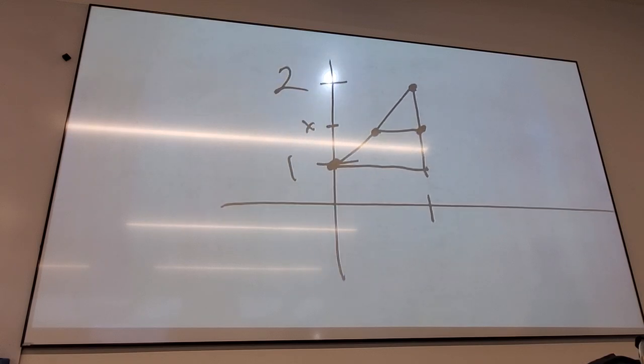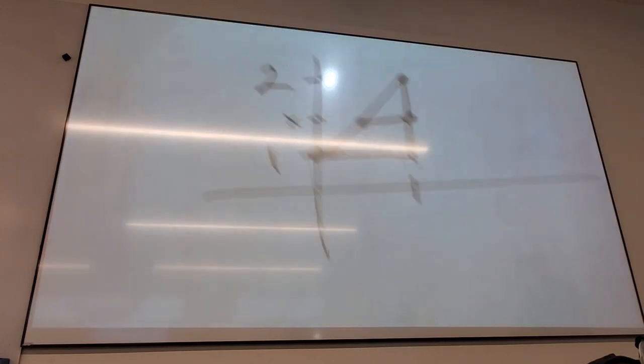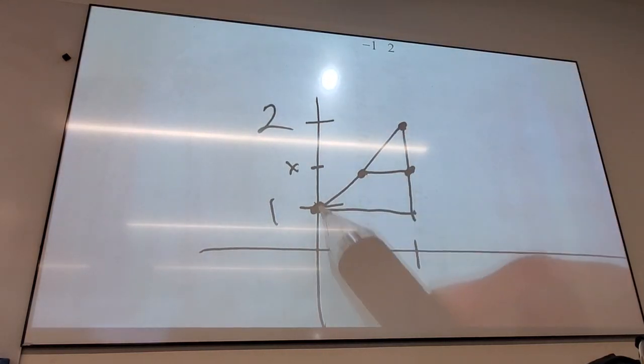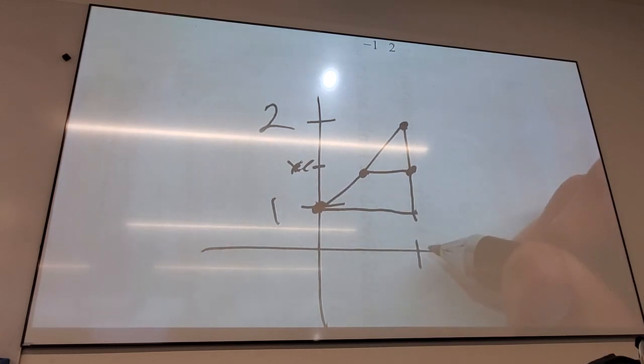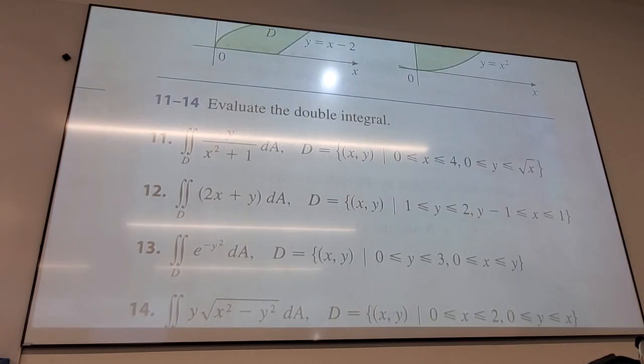All right, I'm going to show you what I got. As y goes from 1 to 2, x, sorry, get out of there, x. Oh, did I look at that backwards? I kind of did.